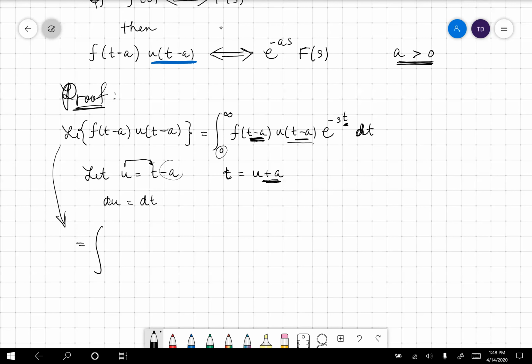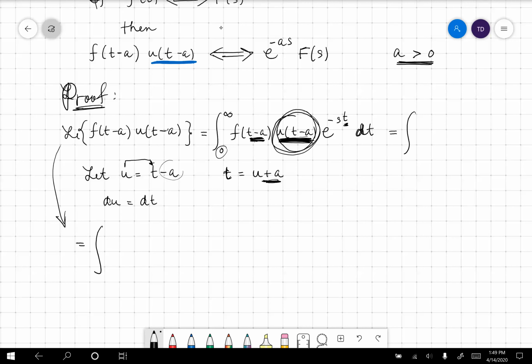First of all, in this integral right here, this u of t minus a, where does that integral start? We can replace this with the number 1 inside the integral, correct? But that function is 1 from where to where? 0 to infinity.